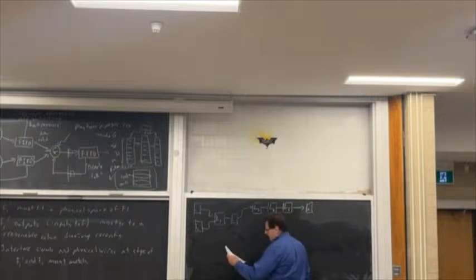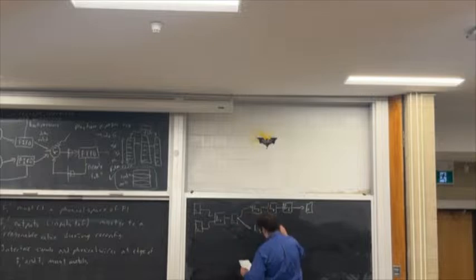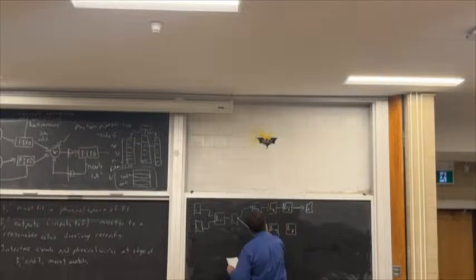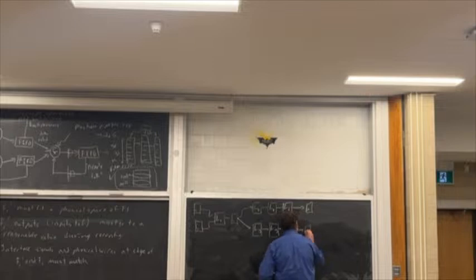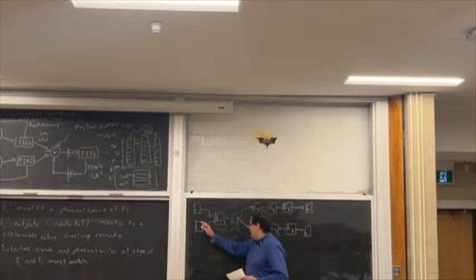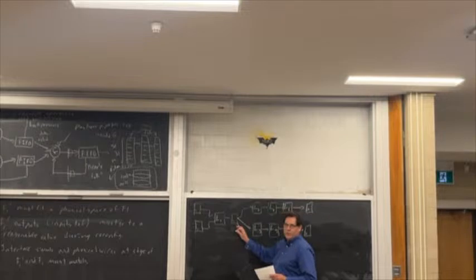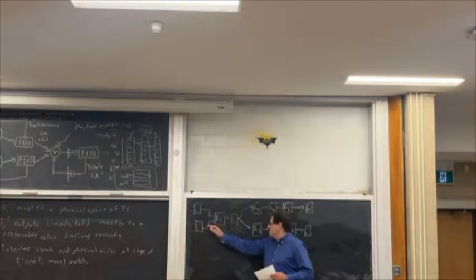There's some fan out here. So I do have some pipelining because I've got this register in the middle. Let's say I started off by putting this register in there.